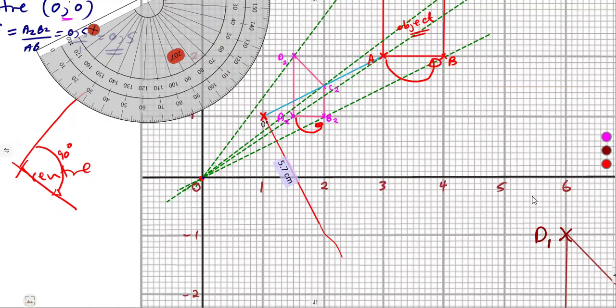Then you measure the distance from A to the center. It must be the same distance from the center to its image. As we can see, the corresponding point is at 2, minus 1. So that's the image A1.